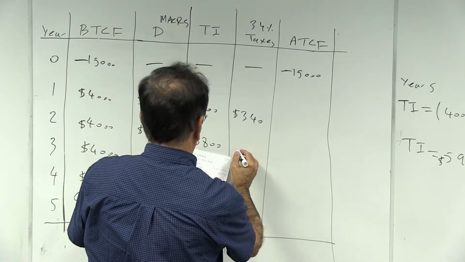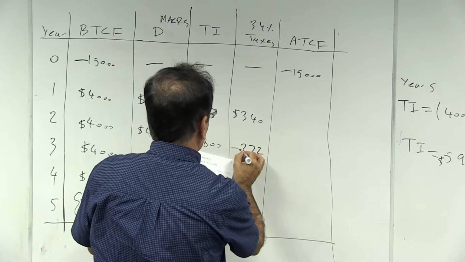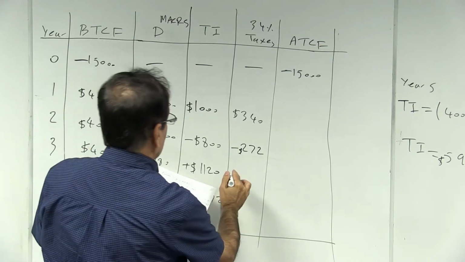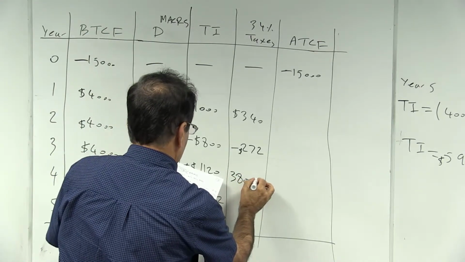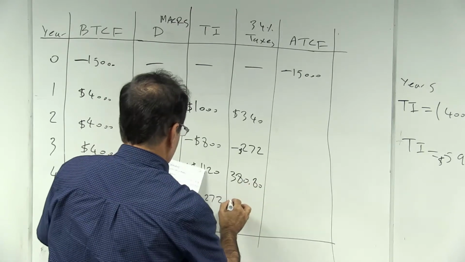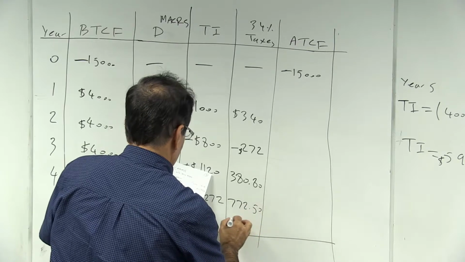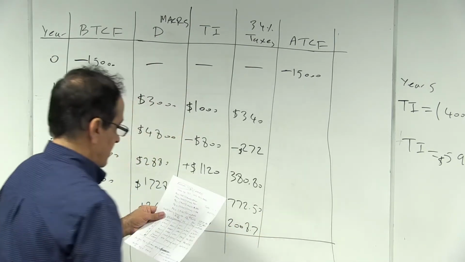So this is actually going to be negative 272. When we do the taxable income, we're going to add to this. So this is going to be equal to 380 and 80 cents. It's going to be 772.50, 2008.7.